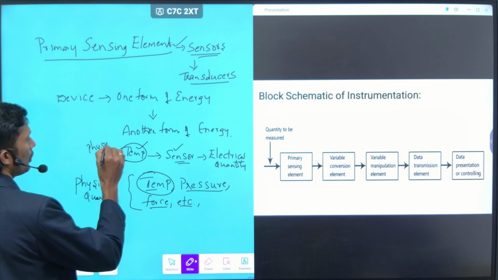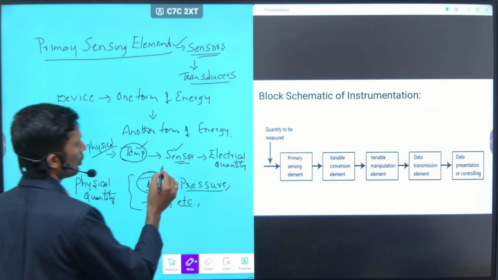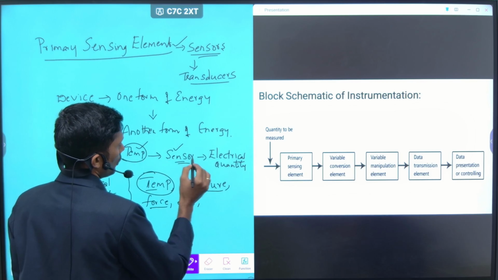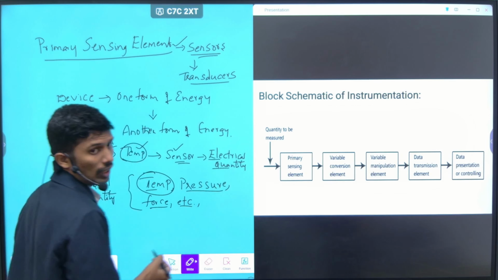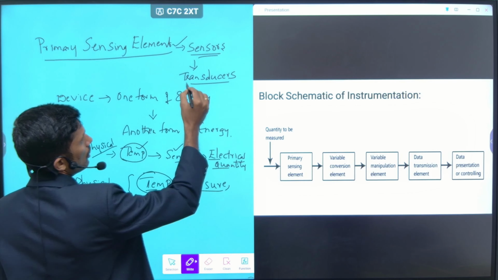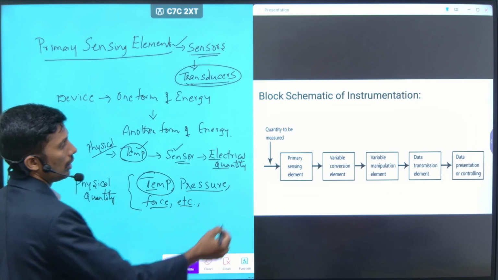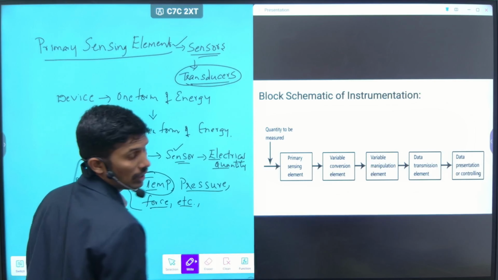Temperature is a physical quantity, and that quantity sensed by the sensor can be converted into an electrical quantity. That is called a transducer. Okay, so that is the primary sensing element.